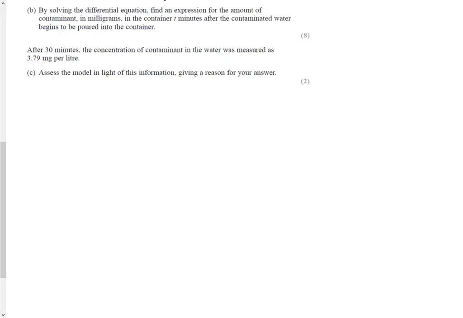Okay, now they ask us to solve the differential equation. So I'll just rewrite the differential equation here. Right, so this is a first order differential equation, so what would you usually do with that?